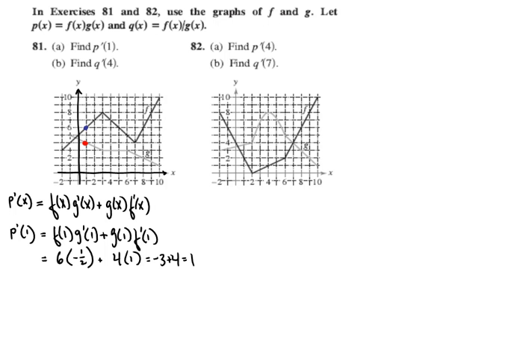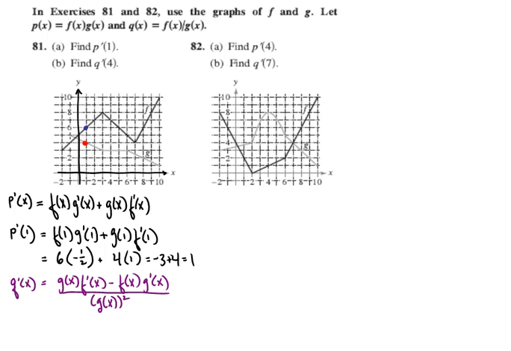Now we'll do the same thing with q prime of 4. Well, q is the quotient of f of x over g of x, and so its derivative, q prime of x, will be the denominator times the derivative of the numerator minus the numerator times the derivative of the denominator. And that's all over the denominator squared.